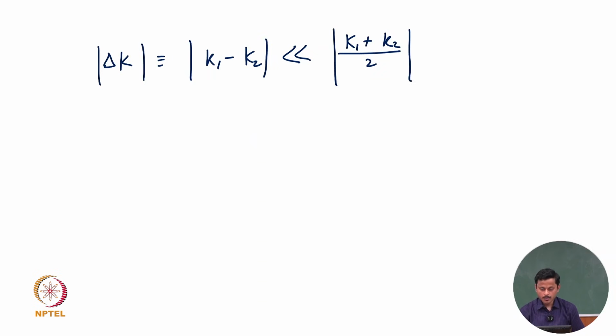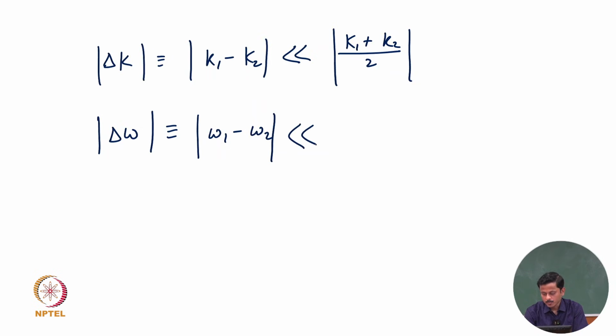This is a constraint that we are putting: the difference in the wave numbers is much less than the mean value of the wave numbers, and the differences in the frequencies are similarly much less than the mean of the frequency of both the waves.